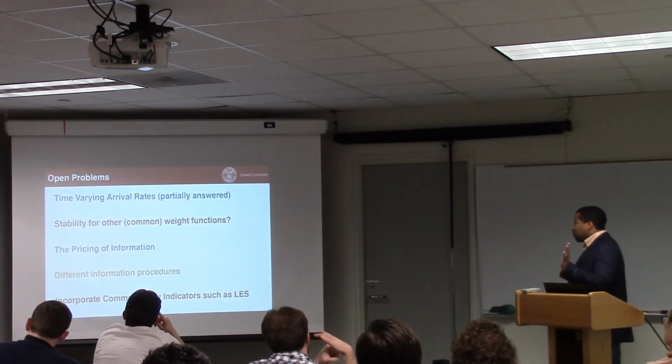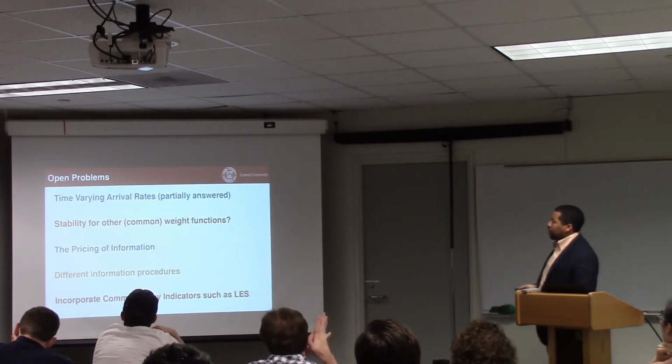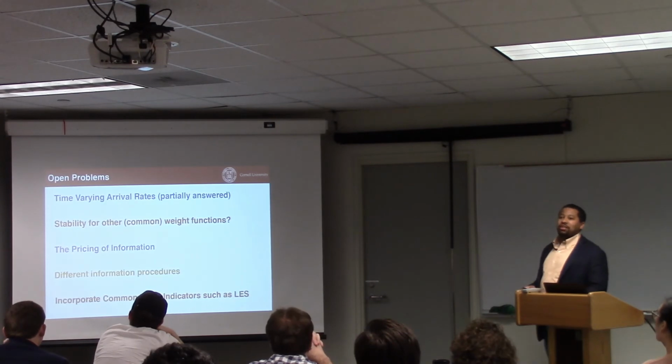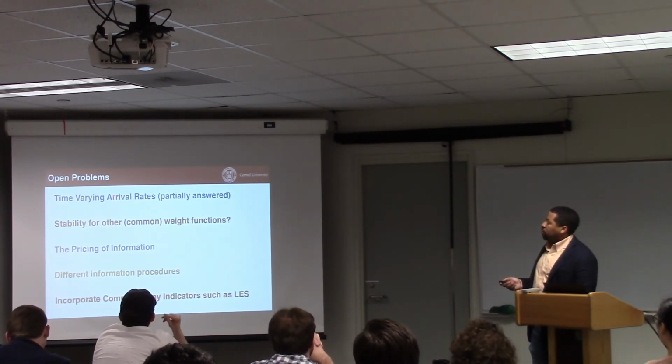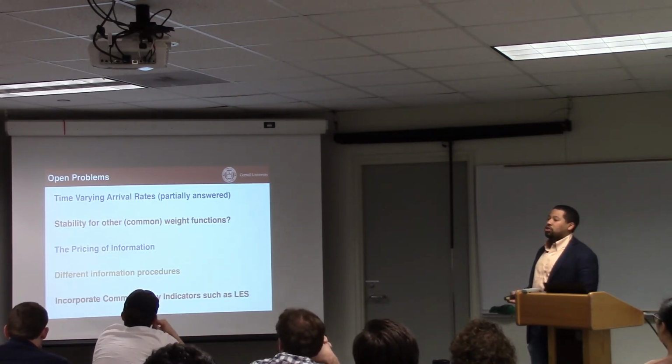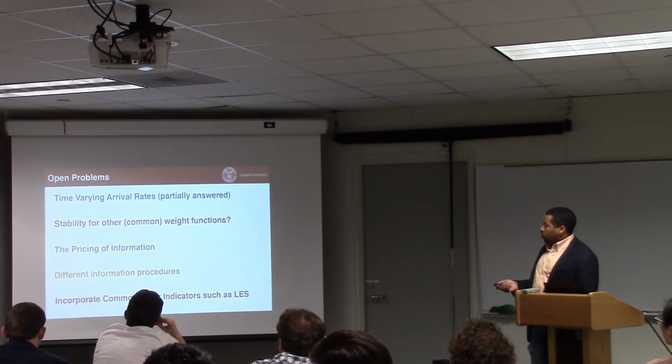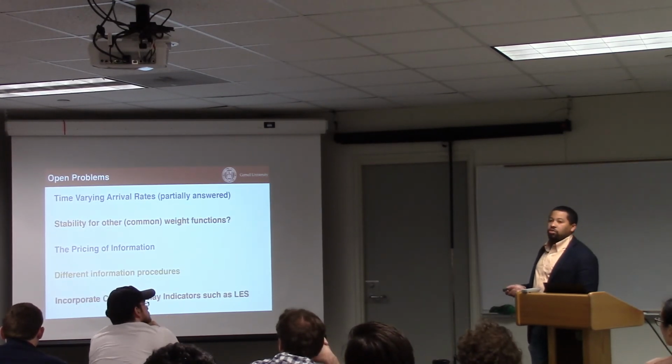So, some open problems in research. Originally I used to work on time varying queues. I still do, but we're interested in what happens if you change some of the parameters in the model to make them non-stationary. How does that affect the system? We're also interested in stability for other weight functions.